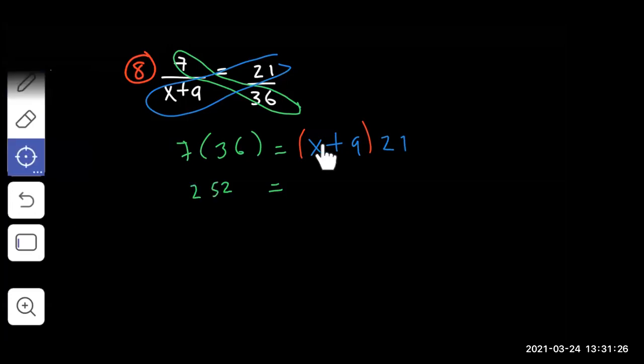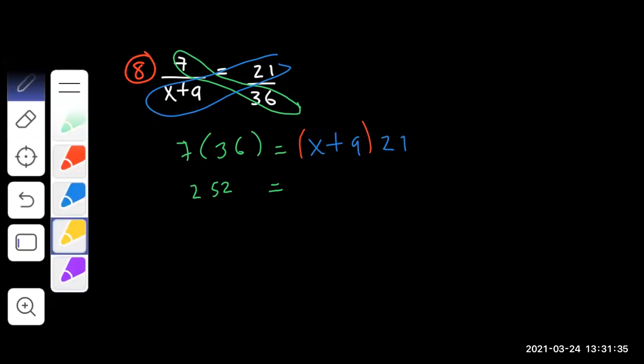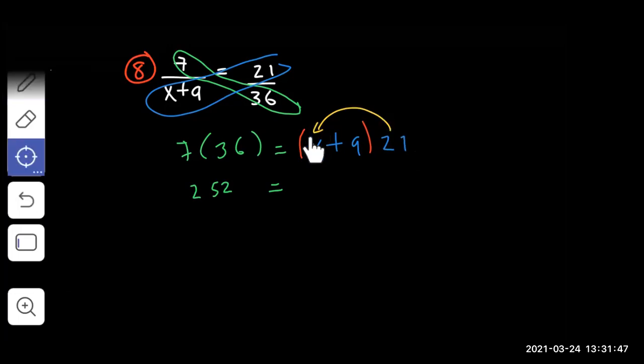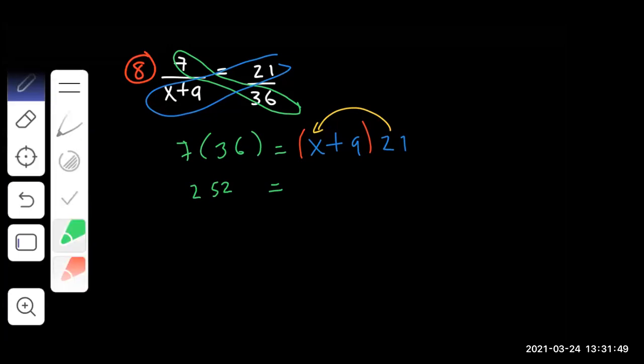Okay, and then, guys, x plus 9 is simplified. I cannot do anything else. What is my only option? It's a multiplication. How do we call this? That is called the distributive property. 21 multiplying x, 21 times x is 21x.